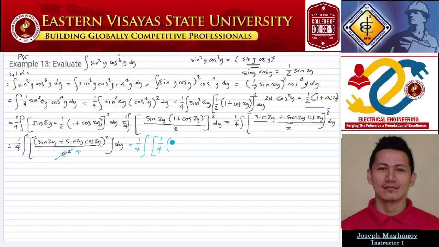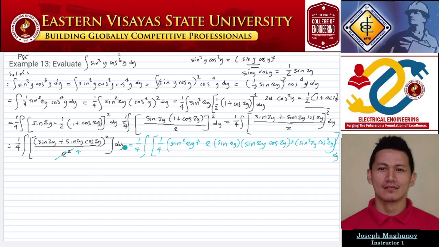So a, sine squared 2y positive, so this is positive 2 times a, that is sine 2y, then for our b, sine 2y cosine 2y, then plus our b squared, sine squared 2y cosine squared 2y. Then of course we close the bracket and our dy.